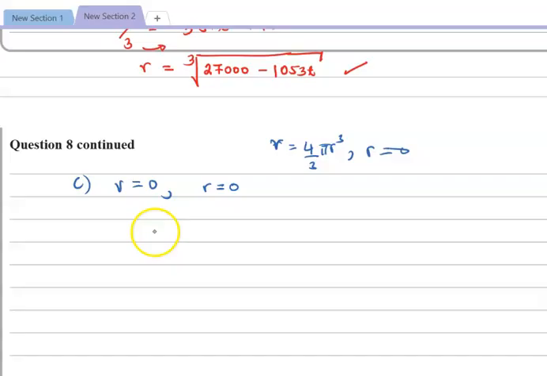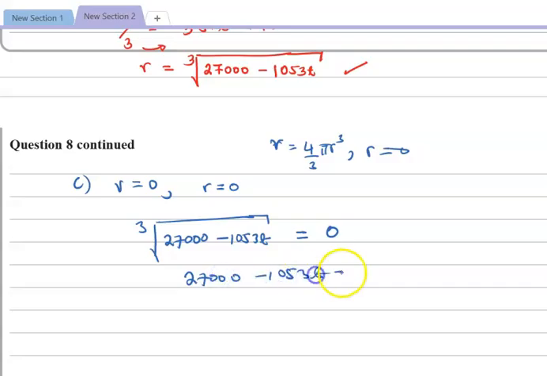So we have the cube root of 27,000 minus 1,053t equal to 0. That means 27,000 minus 1,053t is equal to 0, and then you find that t is equal to 25.6.